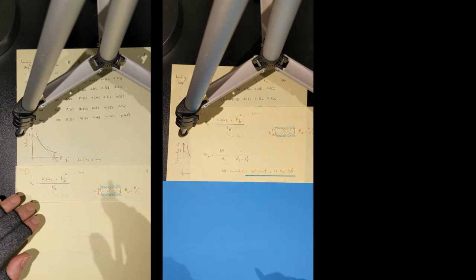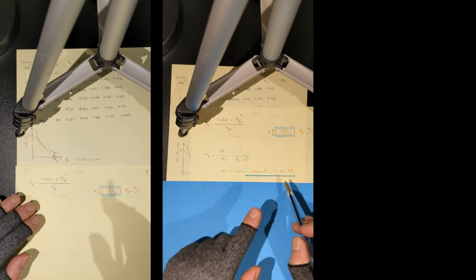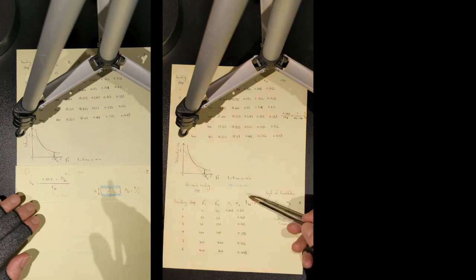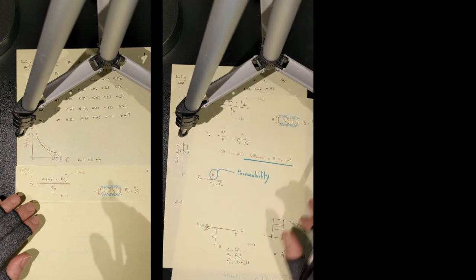Not the maximum, not the minimum, not the average. Your M sub V should be accurate. So which of these M sub V's for these loading steps do you need to use in your analysis? It shouldn't be minimum, shouldn't be maximum, shouldn't be average.